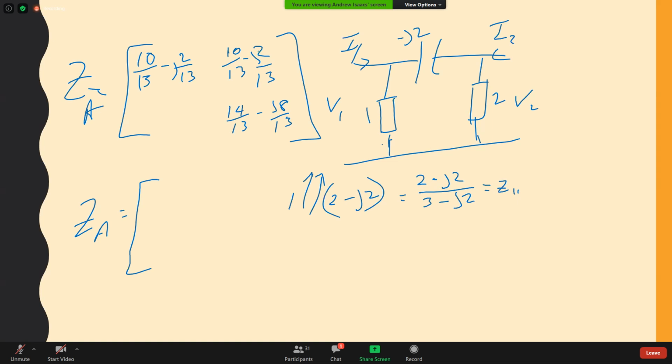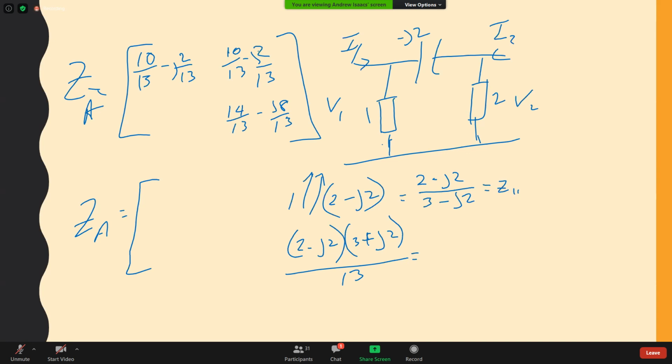Yes, sir. If we rationalize, we have 2 minus J2 times 3 plus J2 over 13. That's what you went about, Mr. Watson? I got it in the fraction in the calculator, sir, when I plug it in the calculator. Okay.